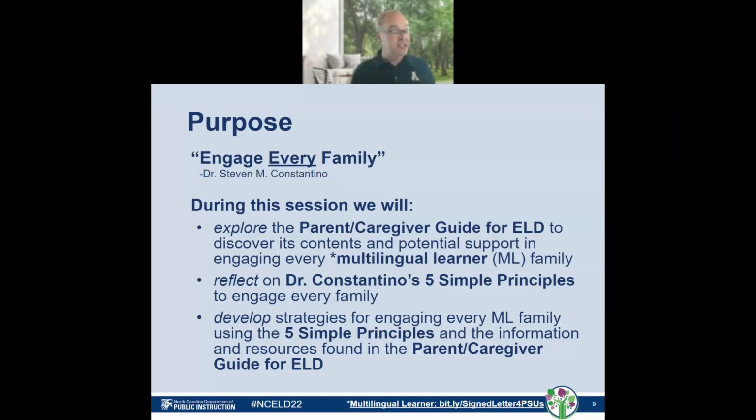For policy and legislation purposes, NCDPI will maintain the term English learners. For all other purposes, NCDPI will begin to use the term multilingual learner. NCDPI has shared a letter regarding this shift in language to help school districts start conversations around this asset-based language. We have linked it at the bottom of the slide, so you can go ahead and look at the multilingual learner bit.ly signed letter for PSUs.